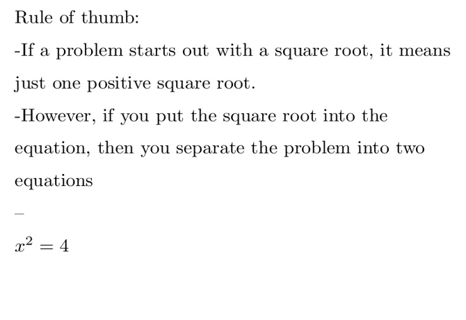So that means we're going to have to separate this into x equals square root of 4, or x equals negative square root of 4. So, if you put the square root into the equation yourself, then you separate the problem into two equations. And here, in this particular case, are the two equations.